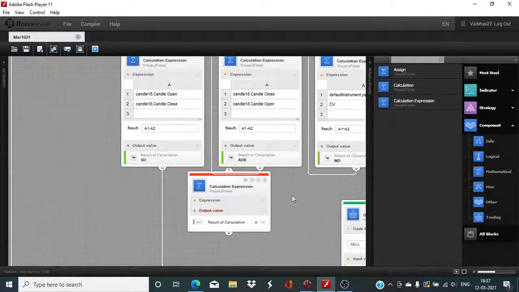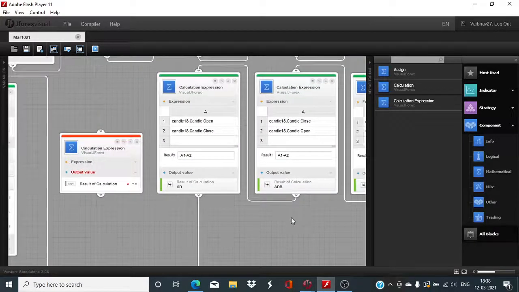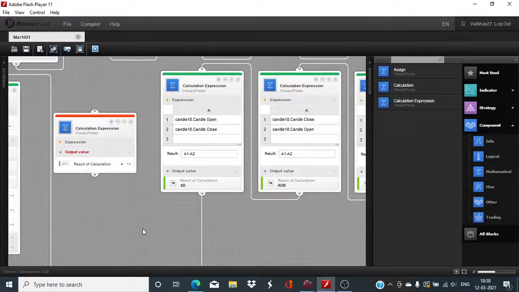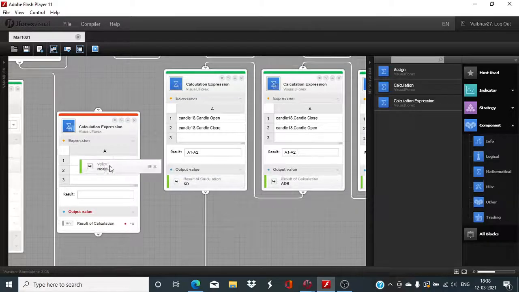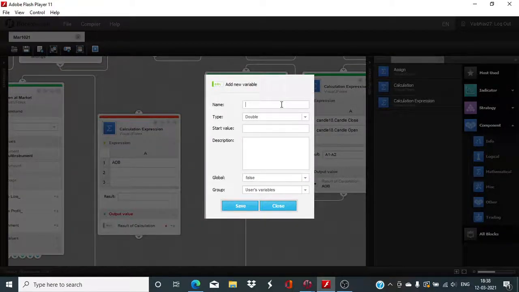For USD, 1 pip is after 4 decimal points, so we will have to multiply this actual difference by 10 raised to the power 4, and then only we will get the difference in terms of integer pip value. So for that I have to create a new variable, pip conversion factor, and this is going to be 10,000.